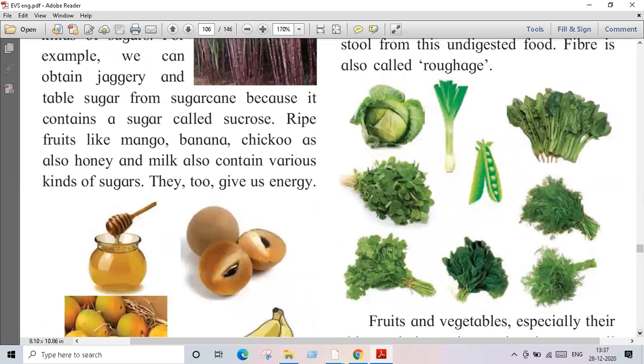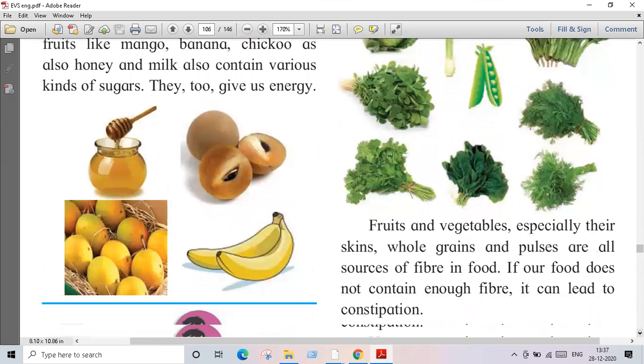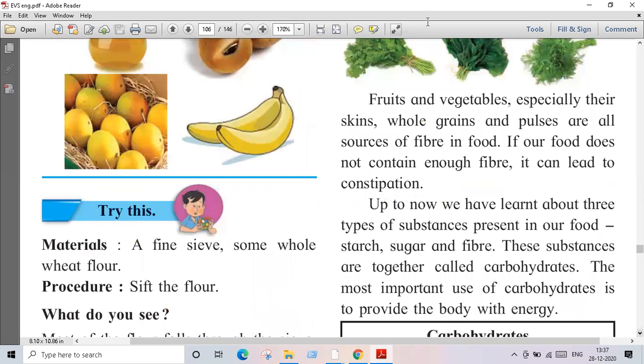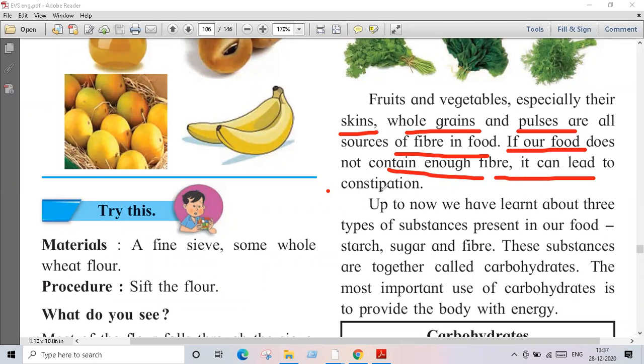Okay, this is the cabbage, fenugreek, peas, etc. Even spinach, fruits, vegetables, especially their greens, especially the skins, whole grains, and pulses are all the sources of fibers in food. If our food does not contain enough fiber, it can lead to constipation.